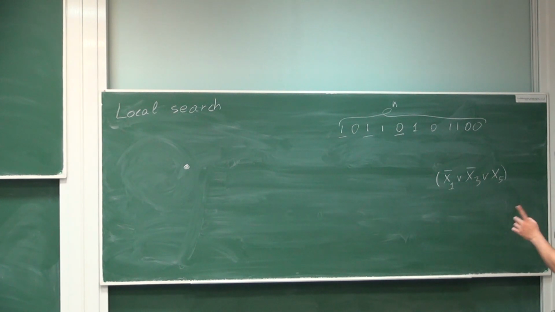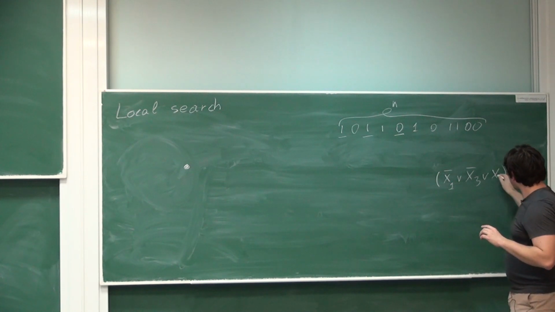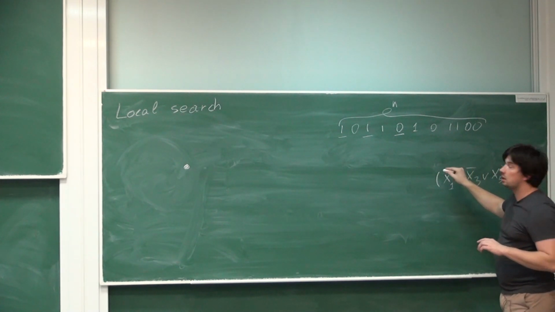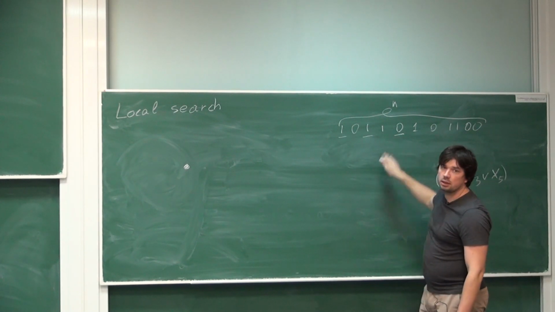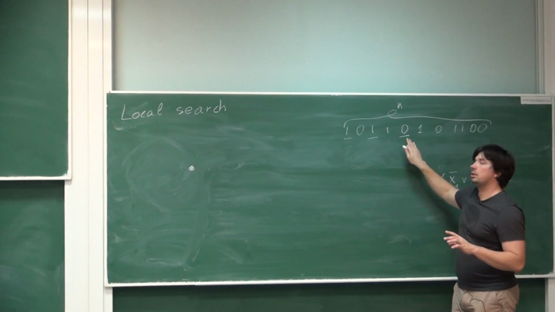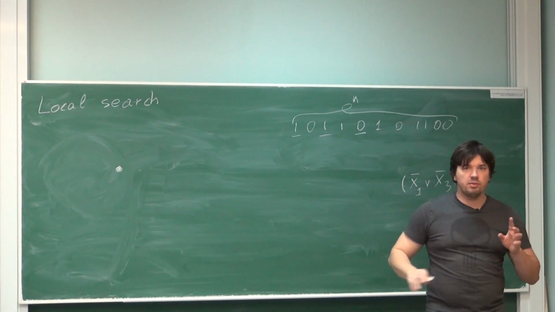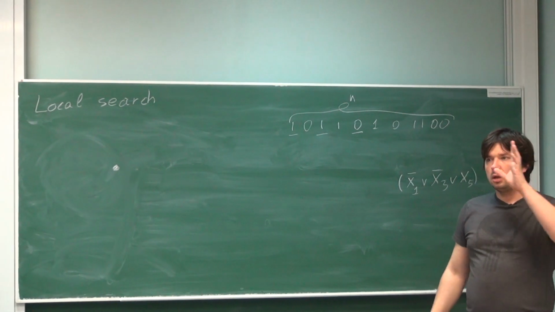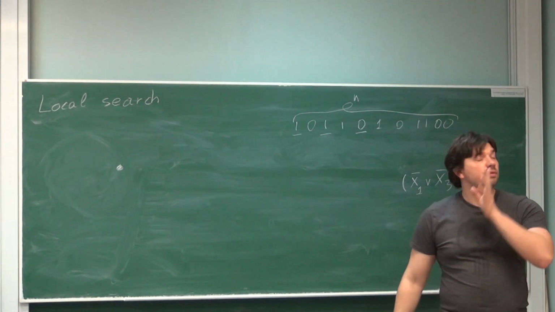So what we know is that if we flip one of those three, you can pick one of them, flip the value of one of those three, we get closer to the correct assignment if there is one.